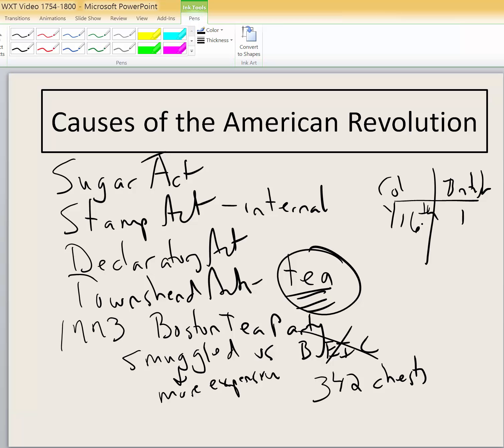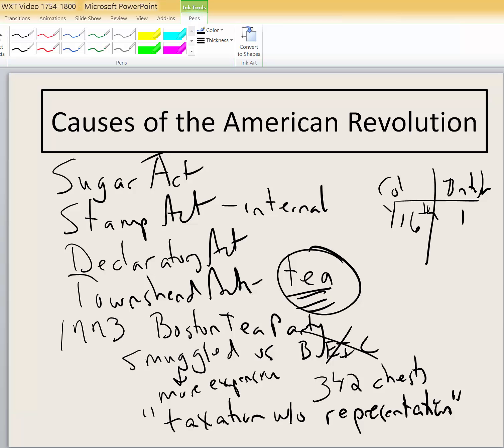In addition to all of this, pre-revolution, I apologize, there's going to be the whole concept of taxation without representation. I want everybody to understand that the British argument was that you colonies are represented. We have a representative body, and therefore, because we have that, virtually you are represented.